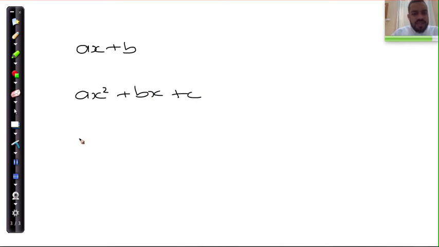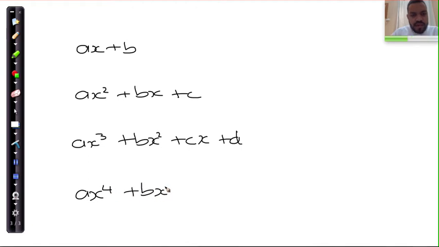The next one is going to be ax cubed plus bx squared plus cx plus d, right? And then you can imagine what the next one would be, ax to the power of 4 plus bx to the power of 3 plus cx to the power of 2 plus dx plus e.